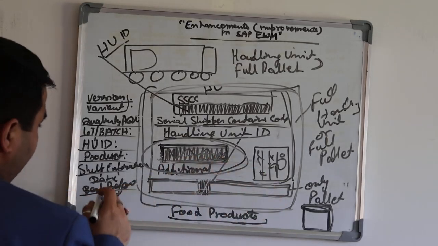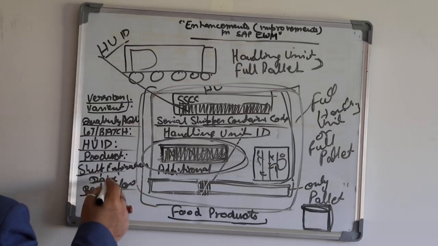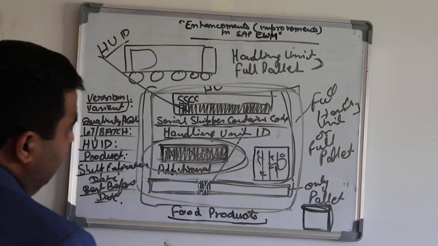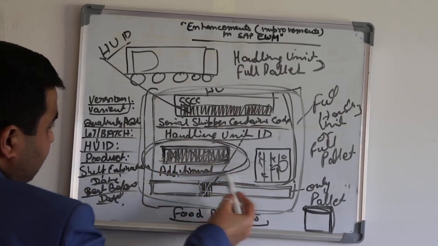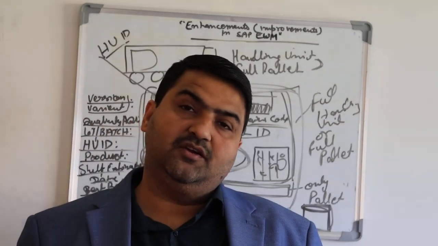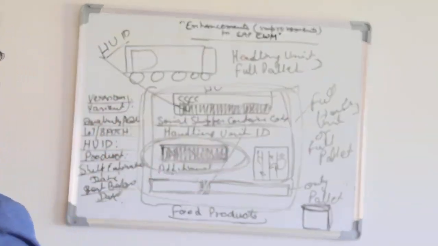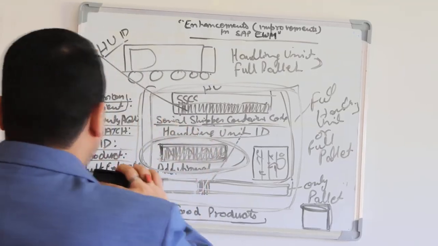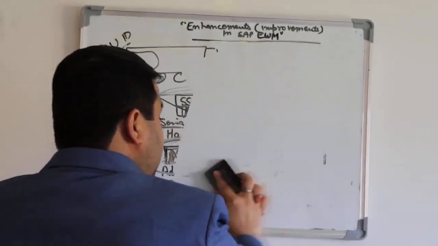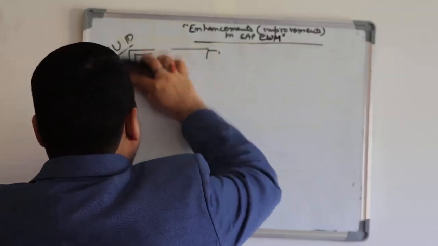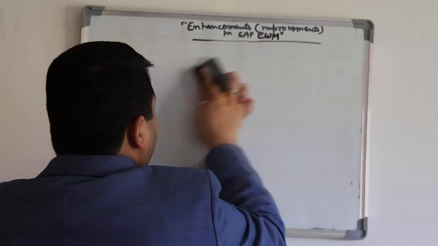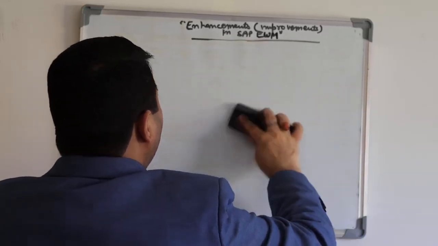If we don't deal with food products, we will not have the expiration date or best before date. So when we receive these types of barcodes, how will we manage them in the warehouse business? I will explain it here. It's very simple, guys.